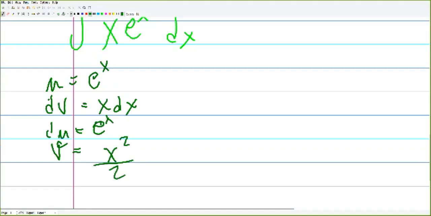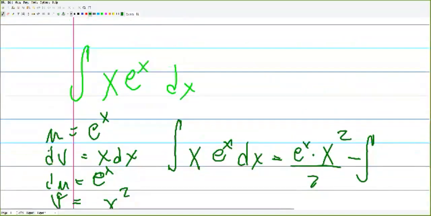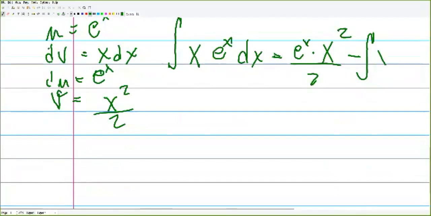And so we know that the integral of u dv, which is x e to the x dx, is equal to uv, so e to the x times x squared over 2, minus the integral of v du, x squared over 2 times e to the x.